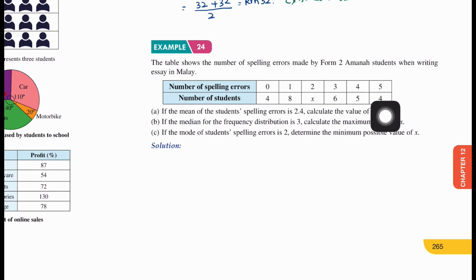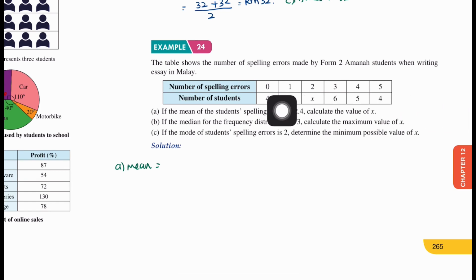So the question is, A, if the mean of the students' spelling error is 2.4, calculate the value of X. Senang saja. So kita tahu macam mana kita nak kira mean. Kena darab dan tambah semua.